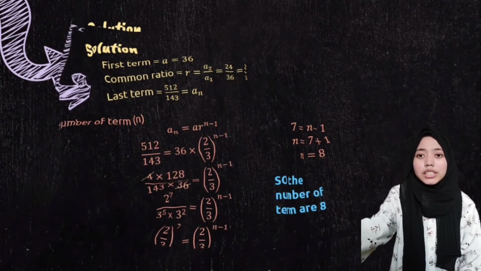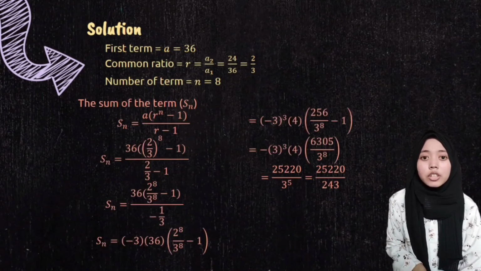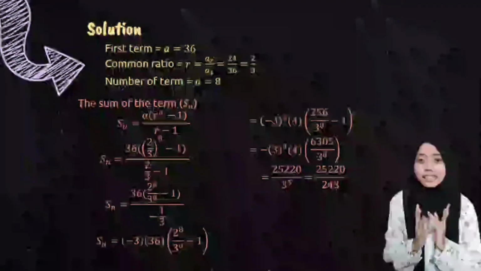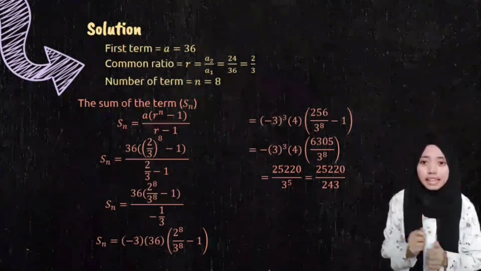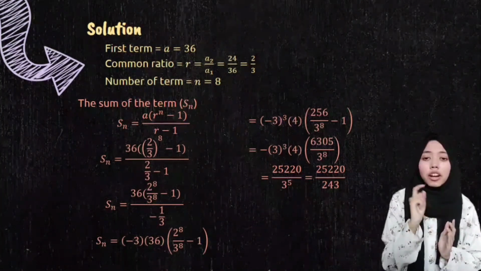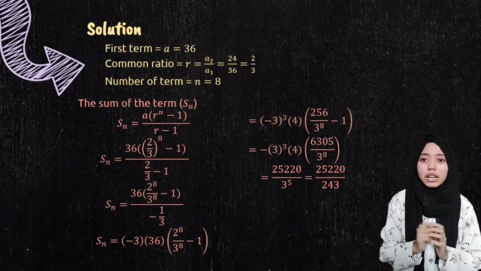The third question is about the sum of the terms. We know that n is 8, so we will find S8. The Sn formula is a times in bracket r to the power of n minus 1, divided by r minus 1.